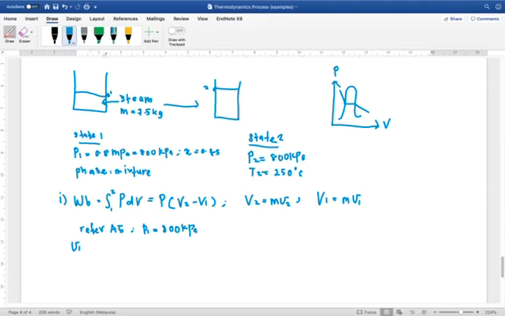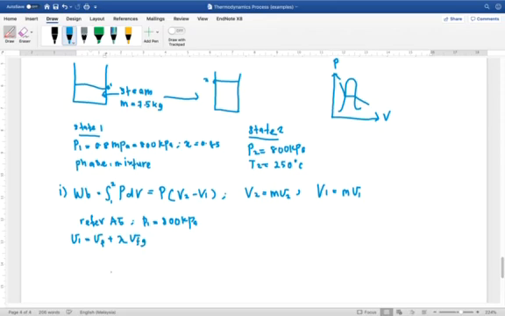Why do I use a special formula? Because this phase is a saturated liquid-vapor mixture. What is the special formula? v1 is equal to vf plus x vfg.